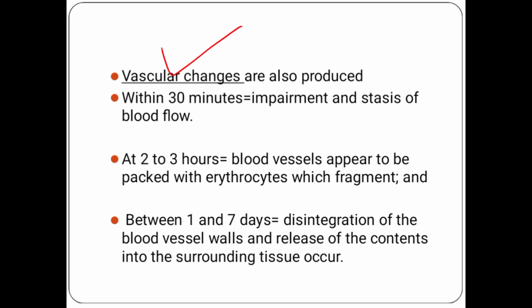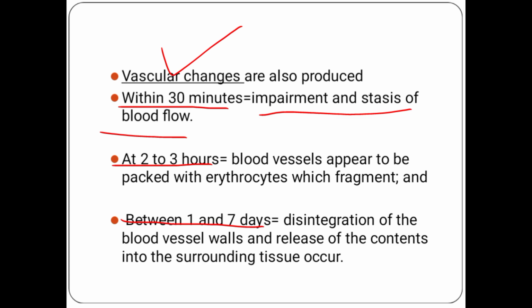Vascular changes are produced, as discussed, in three phases: within 30 minutes, at 2 to 3 hours, and between 1 to 7 days. Within 30 minutes there is impairment and stasis of blood flow, meaning blood starts to accumulate or is impaired.